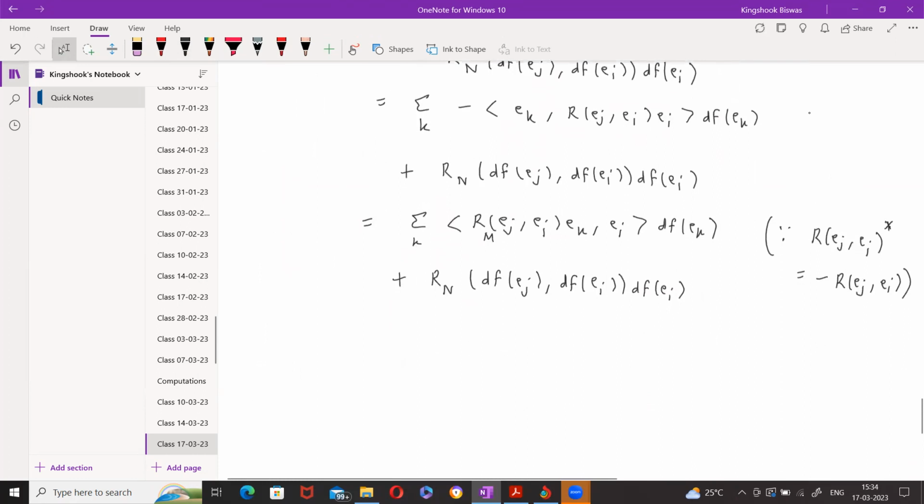Okay, so now we can come to the Bochner-Weitzenböck formula. Let me state the formula at least.